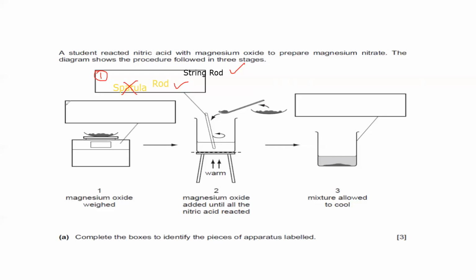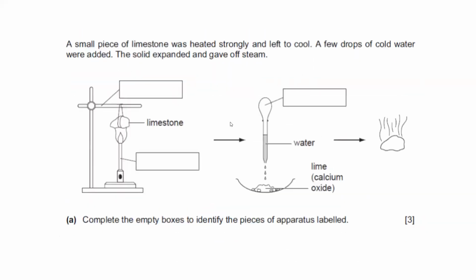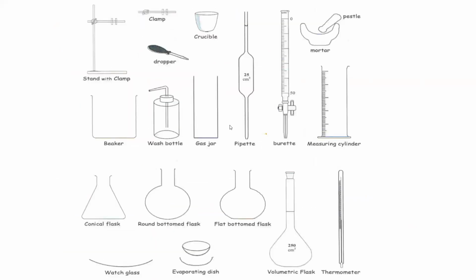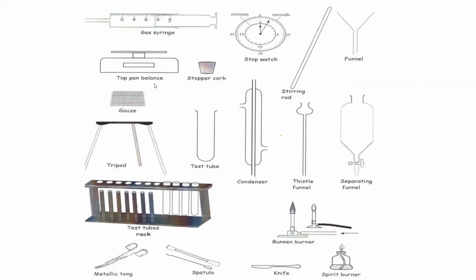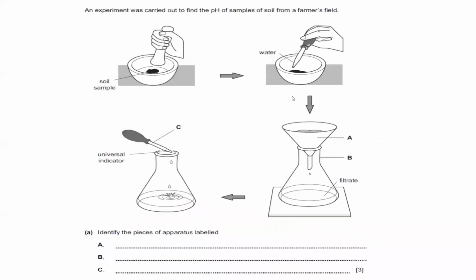What about box 2? It's a balance or a top pan balance. As I showed from the slides, which I showed from the beginning, it's a top pan balance, and this one is a stirring rod.